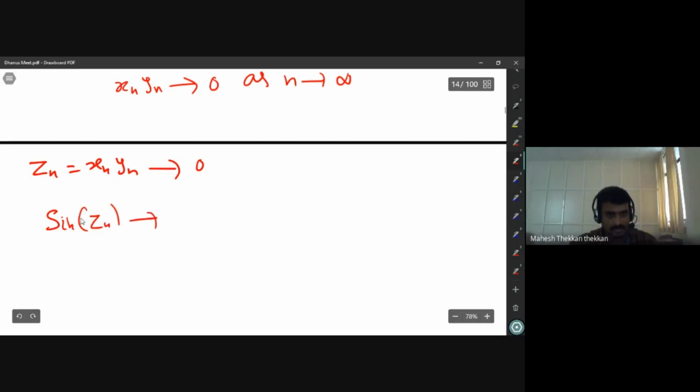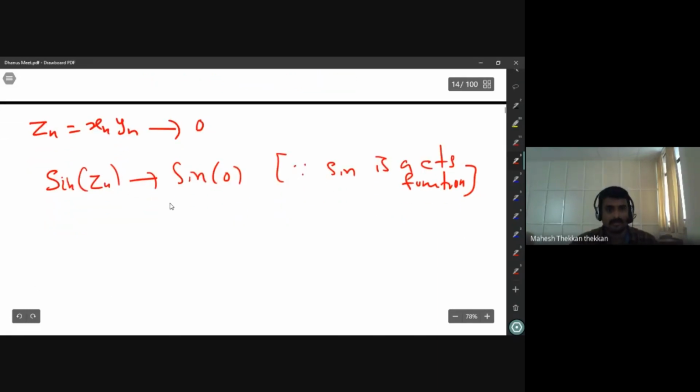This will converge to sin 0 because of the continuity of sine. The reason is sin is a continuous function. So this one is 0, right? This is equal to 0.